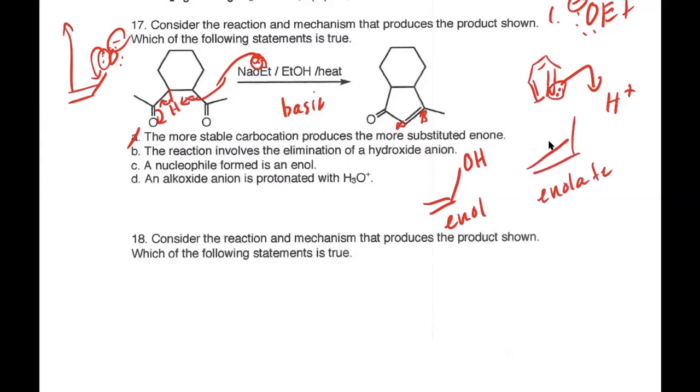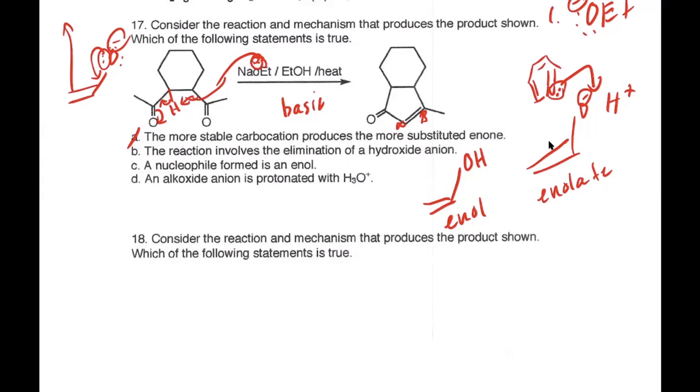It has a charge. The enolate has a negative charge. Exactly. So for that reason, I would personally knock that one out, just because in this mechanism, I'm thinking that we're going to have an enolate, because when we have that we're not going to protonate the oxygen at any point.